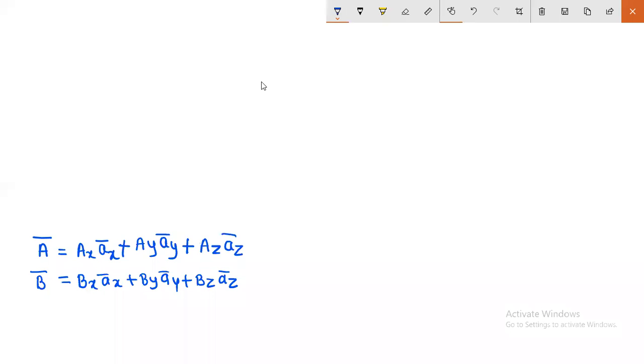Now we have to add two vectors. So A bar plus B bar. So this is vector addition. So A bar plus B bar is equal to, now I have to add these two vectors. Now how to add?